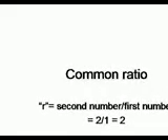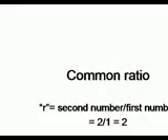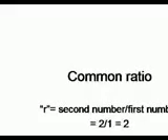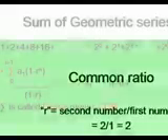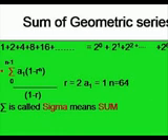We will use common ratio, exponents, and other things we learned about geometric series to find the sum of a geometric series. The sum of a geometric series is basically adding up all the numbers: 1 plus 2 plus 4 plus 8 plus 16. Let's say we want to add all the way to 2 raised to 60.